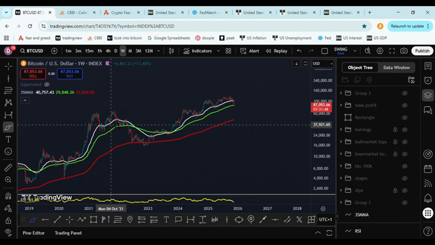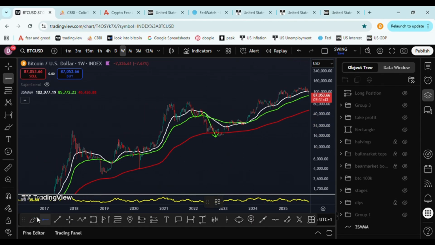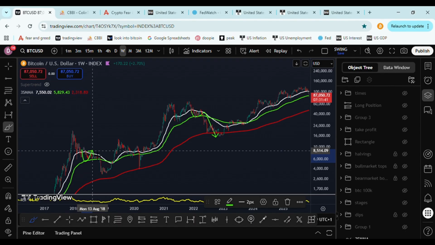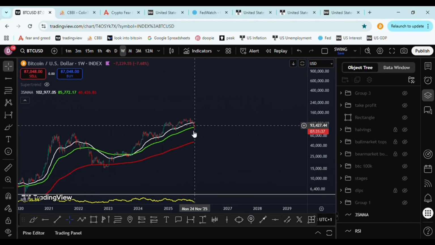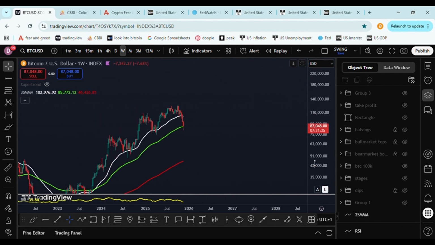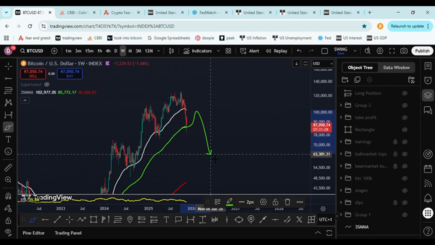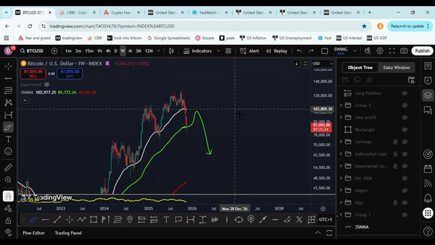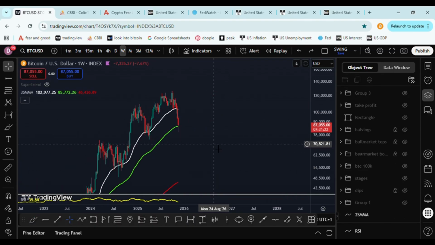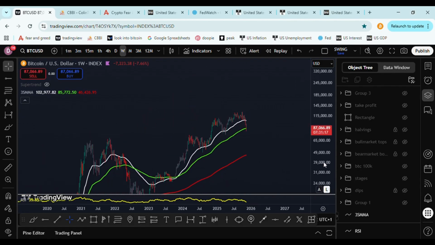In previous bear markets we always retested that line as well, so we could expect maybe a little relief rally, a little bounce where we test back this 50 MA and then start the bear market and make this lower high. That relief rally would be one last opportunity to take some profit off the table.